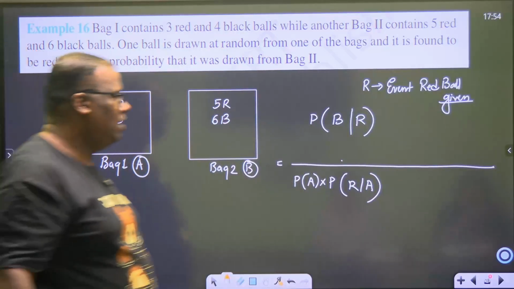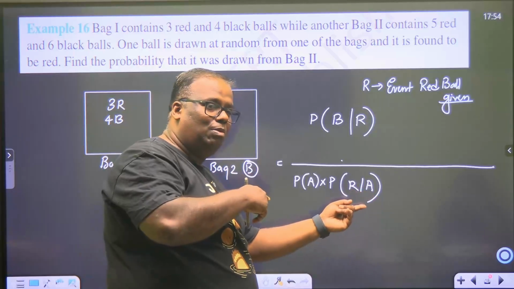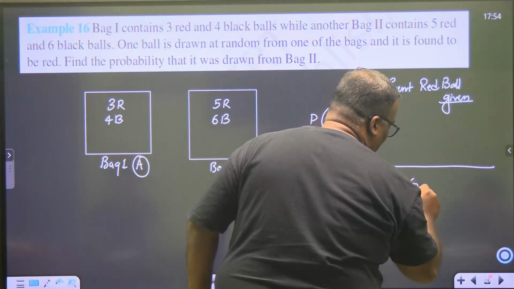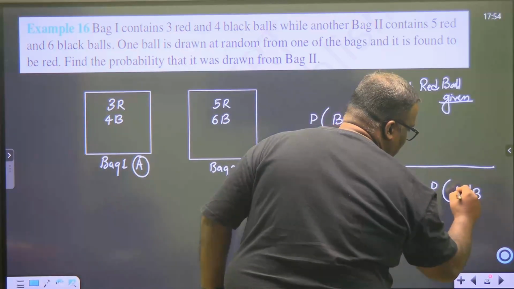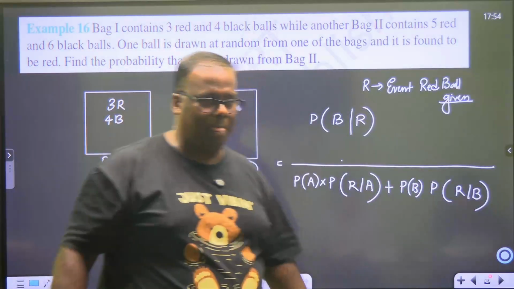Right? Here in the denominator we are applying the theorem of total probability. Or you pick box B and, since you have already picked box B, you try to find a red ball. Total possible options.